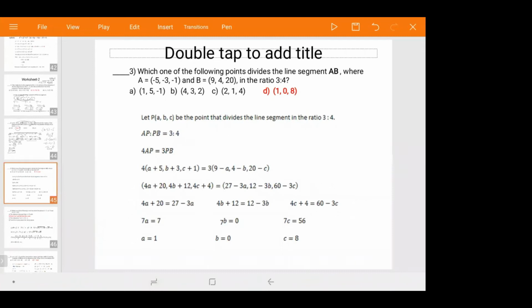Question number 3. Which one of the following points divides the line segment AB, where A is (-5, -3, -1) and B is (9, 4, 20), in the ratio 3 to 4?